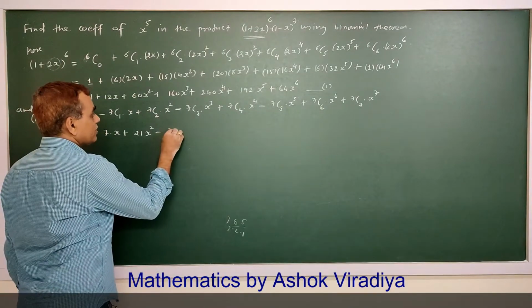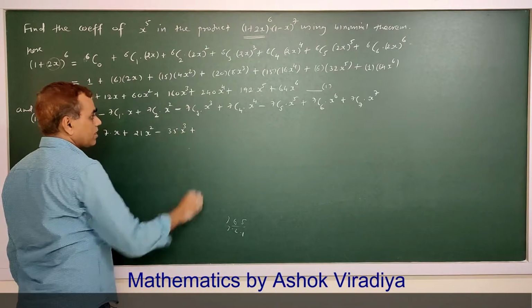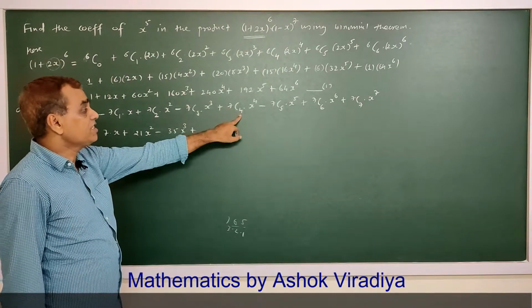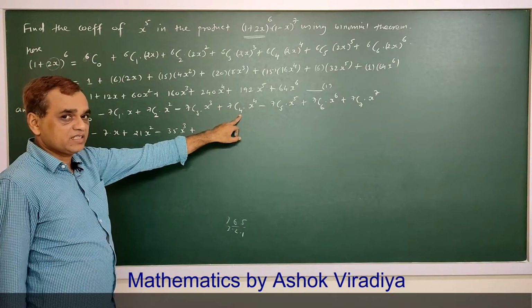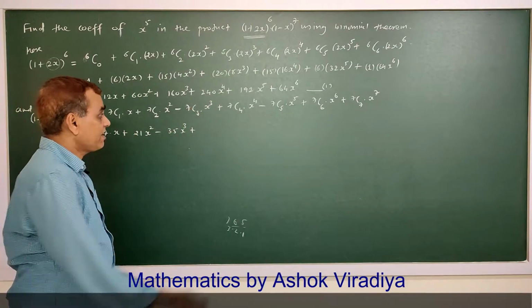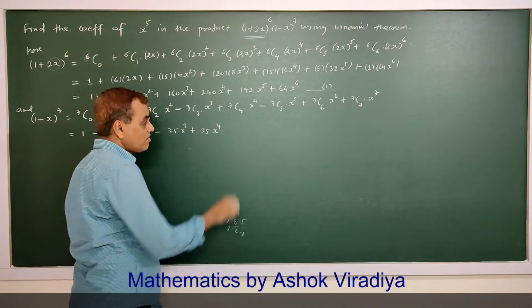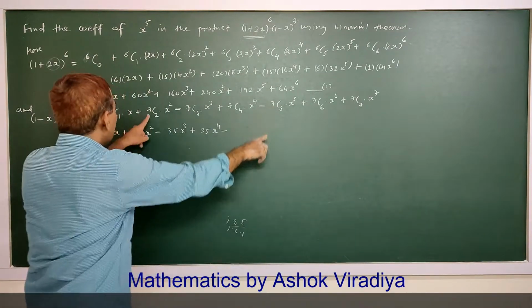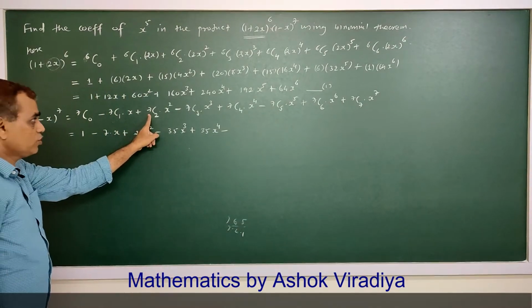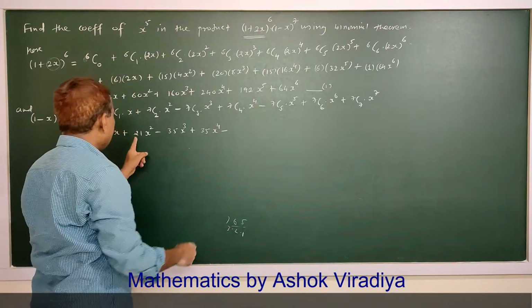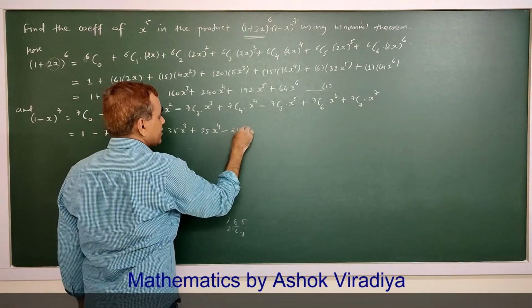So minus 35x cube plus 7C4 is 7C3 and 7C3 is 35. So this will be 35x raised to 4. 7C5 equals 7C2. So 7C5 is 21. So 21x raised to 5.